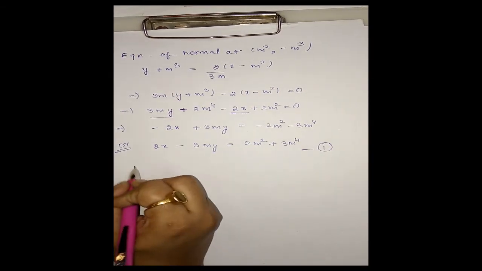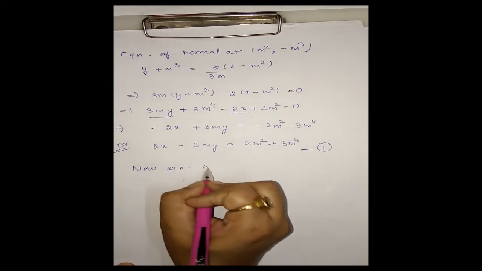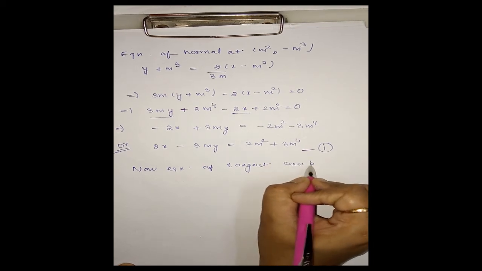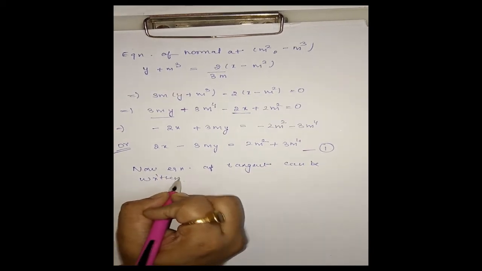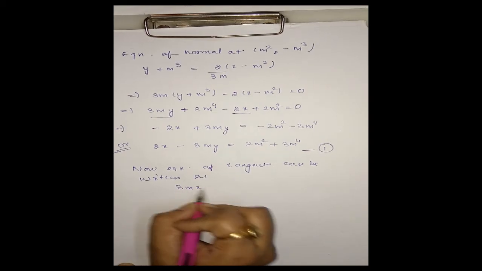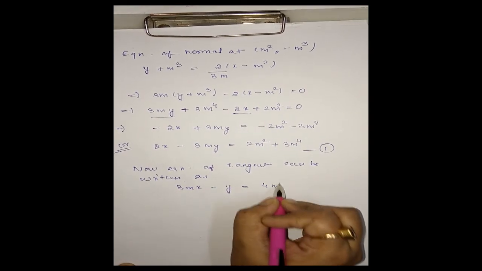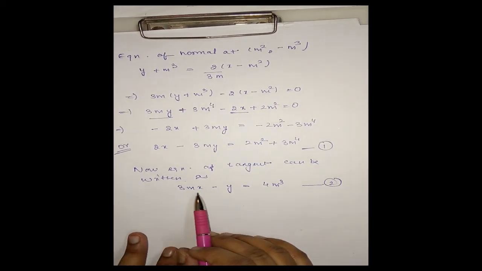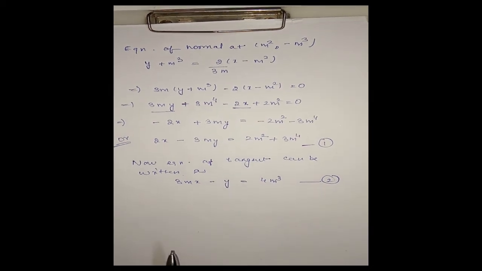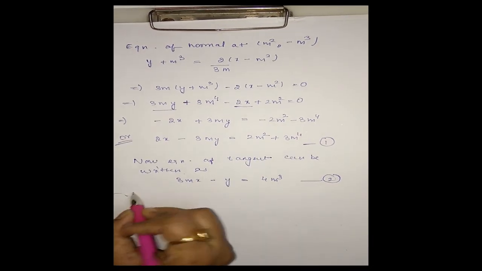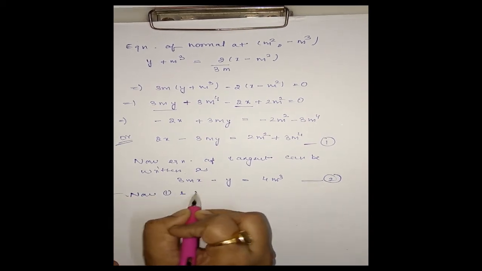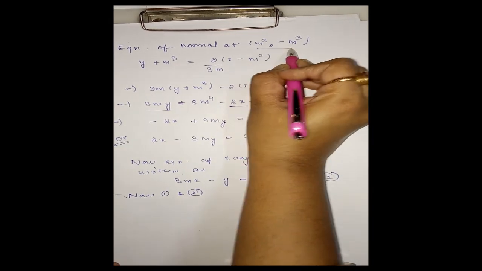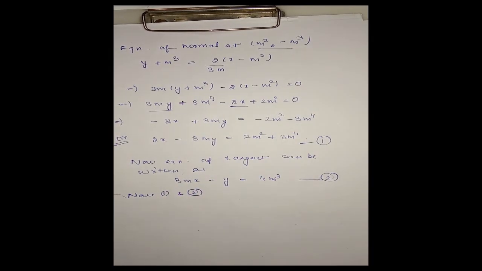Now the equation of the tangent, which we proved in the first part, can be rewritten in the form 3mx − y = 4m³. Call this equation 2. Equation 1 is the equation of the normal at this point, and equation 2 is the equation of the tangent.